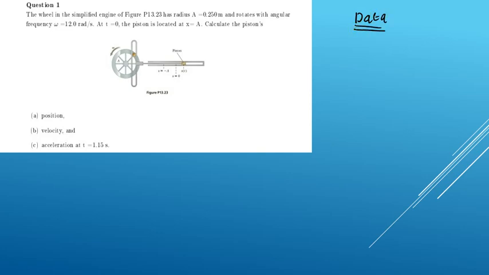So we have been given the radius, which is stated by the amplitude. Okay, so the radius, of course, we have been given to be 0.250 meters.